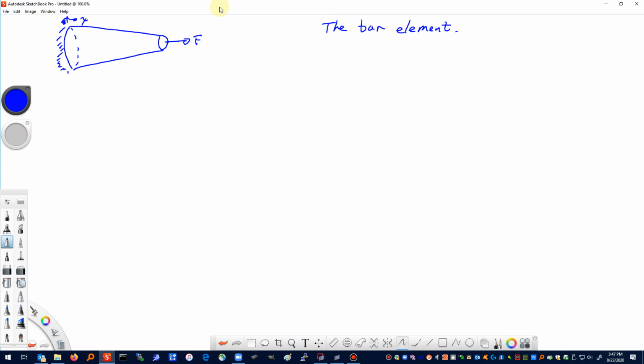Now, in order to have a little bit more room to work with, instead of having my bar pointing downward, I'm going to have my tapered bar kind of sideways here like this, and we already know that we want to break this up into various rods, and it's just kind of dependent on how many we want to break this up into.